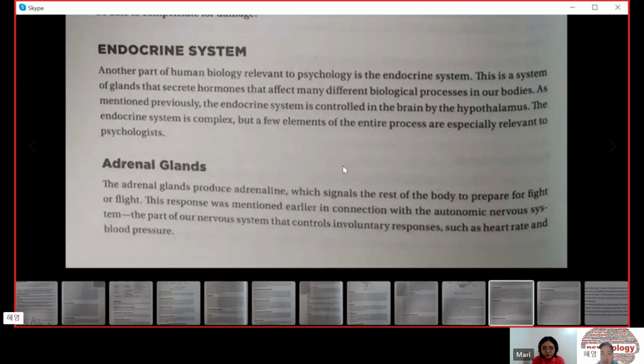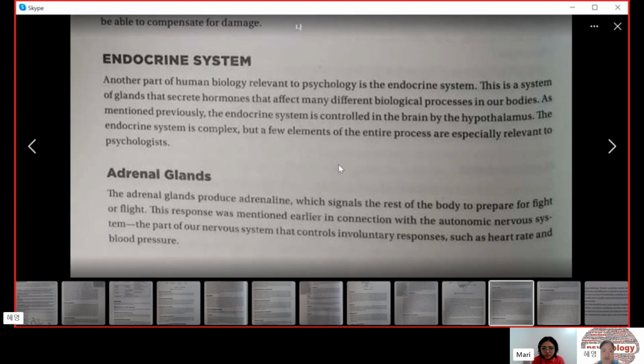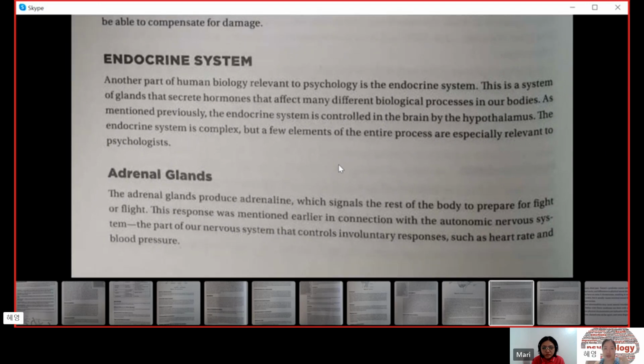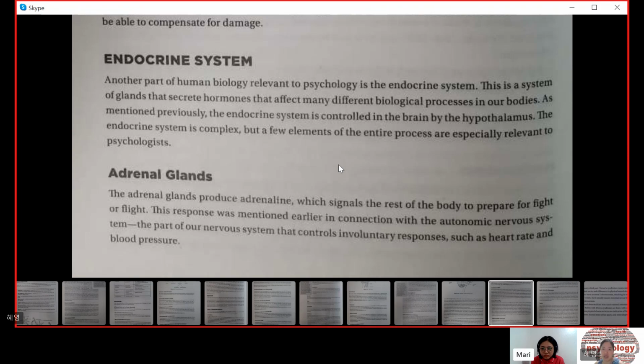Endocrine system. Another part of human biology relevant to psychology is the endocrine system. This is a system of glands that secrete hormones that affect many different biological processes in our bodies.